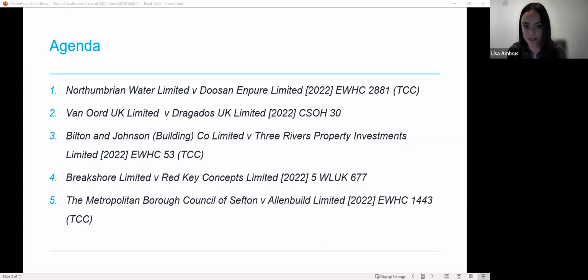In it, the court provided guidance on the strategic use of Part 8 claims to resist payment of damages awarded by an adjudicator. The fifth and final case we will consider today is Sefton Metropolitan Borough Council against Allenbuild Limited, which also considered the use of Section 9 of the Arbitration Act, although on a different basis, and which emphasises the importance of drafting notices of dissatisfaction carefully.